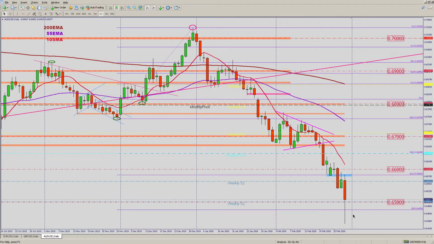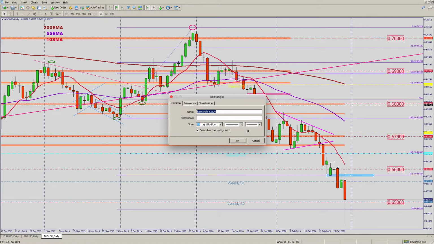So there's potential for a retest of the swing low, which is at the 0.6434 level. So this is now at 162 Fib as a resistance zone.